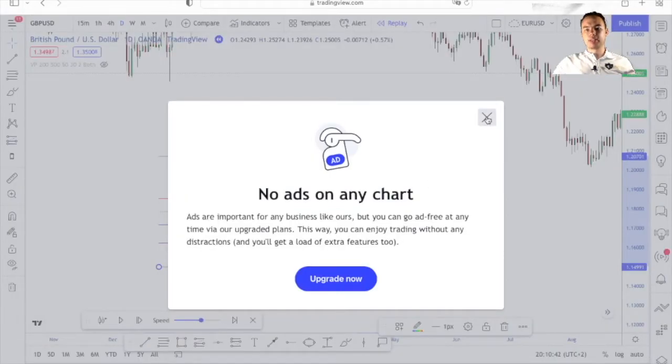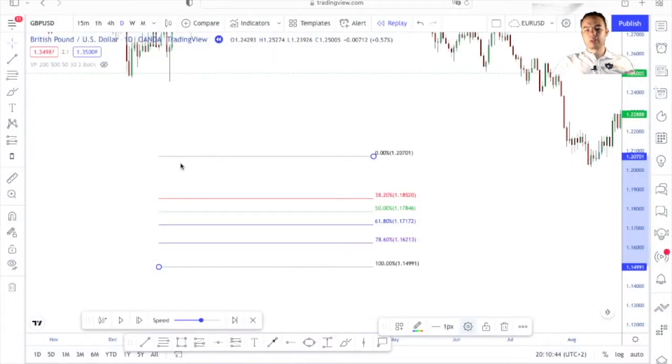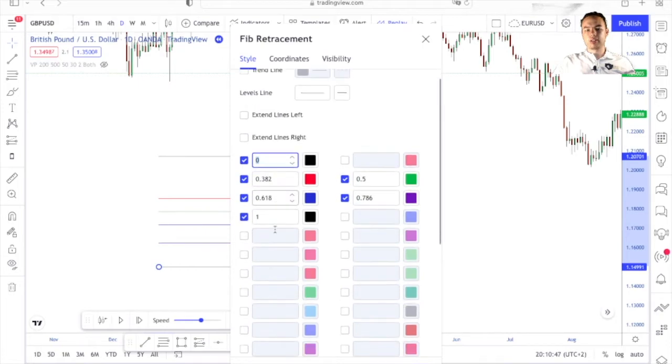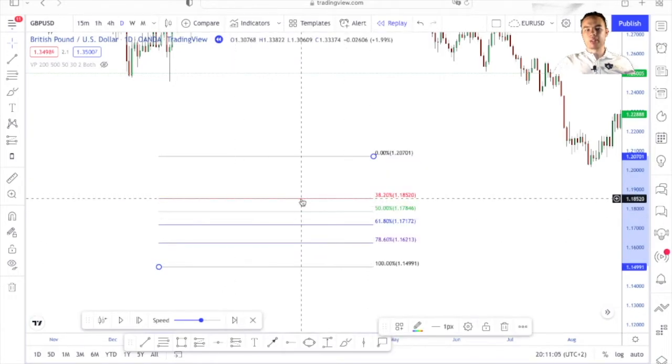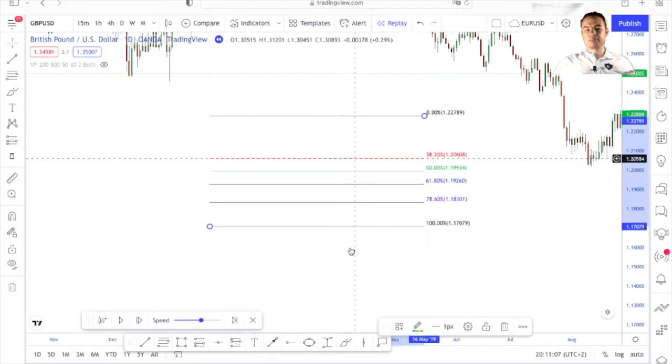Now, if you want to save the settings, you can go back to settings, go to template, and then save as template, and then you name it. So if you lose it or whatever, you can just go to template and it'll be here. As you can see, I have 3 different types. So it'll look something along the lines of this.